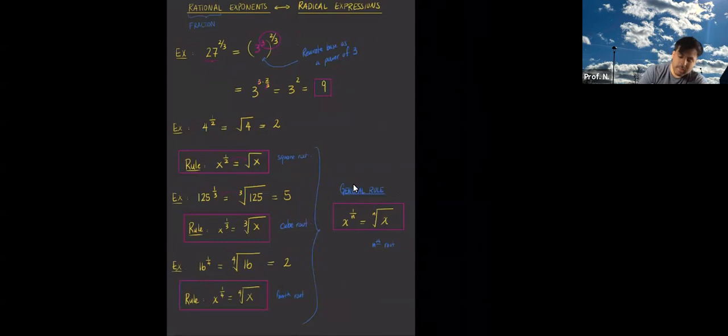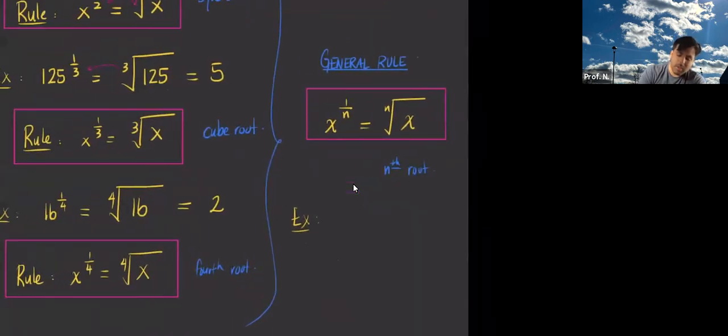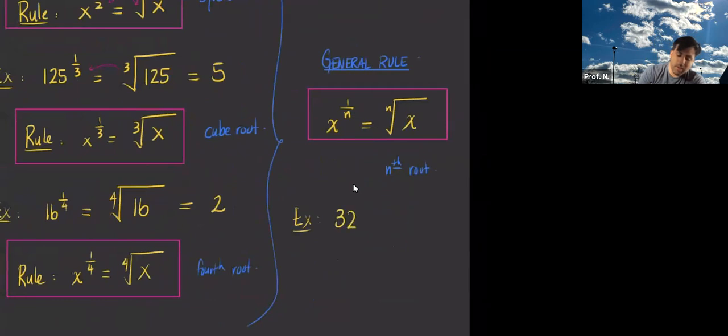So another little example here. What is 32 raised to the 1/5 power? Well, that's equivalent to saying what? The 5th root of 32. And can anybody tell me what number raised to the 5th power gives me 32?